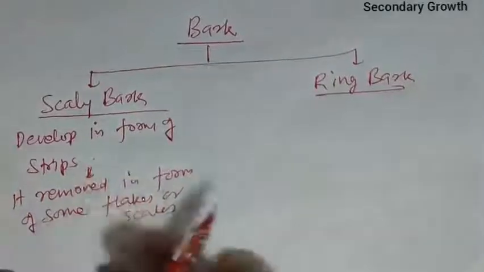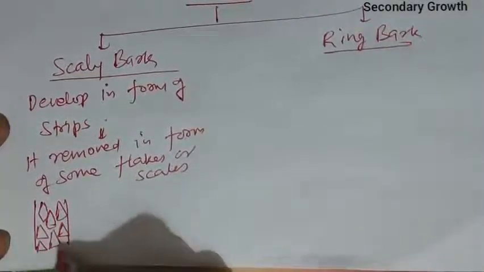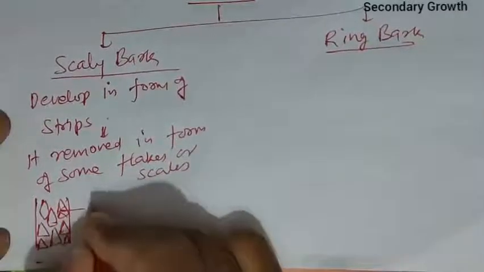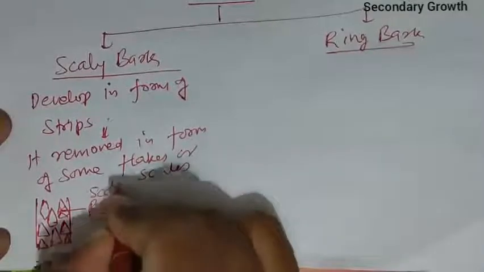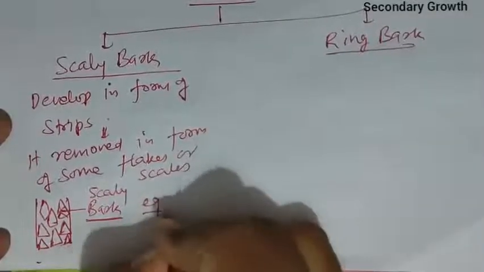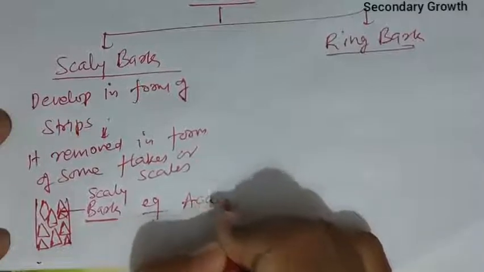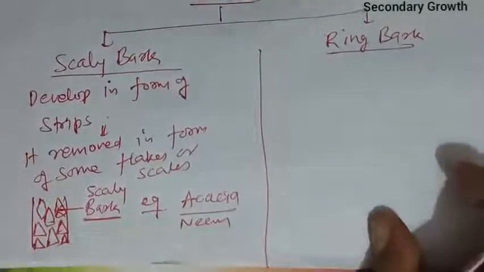In neem, you might have seen that in a neem tree there are small brown-black pieces over the stem. This is nothing but scaly bark. So examples are acacia, neem, etc.